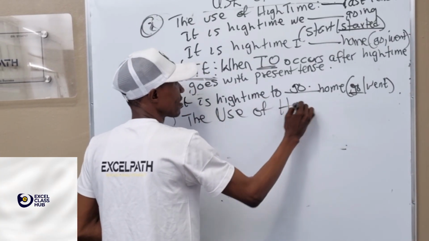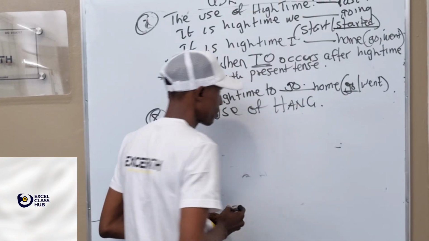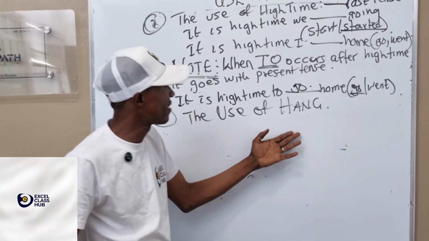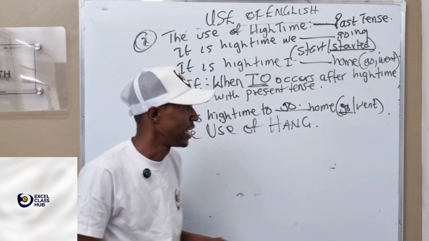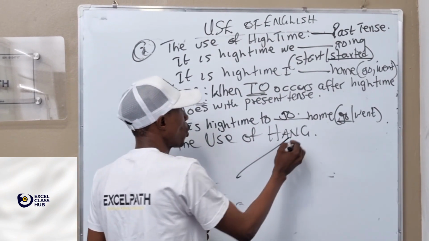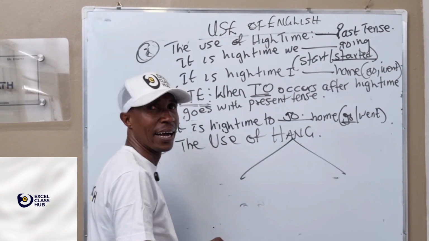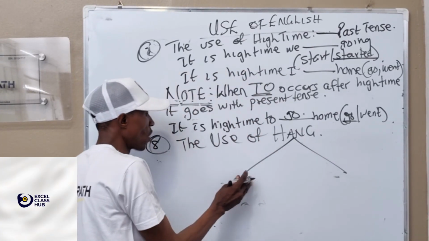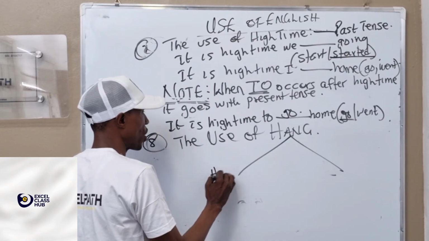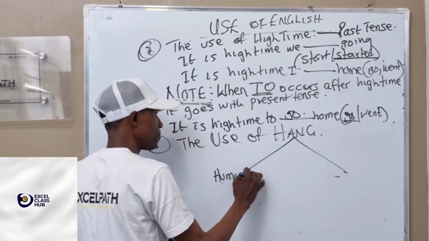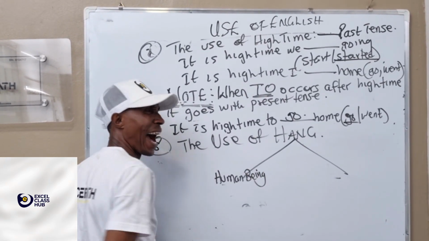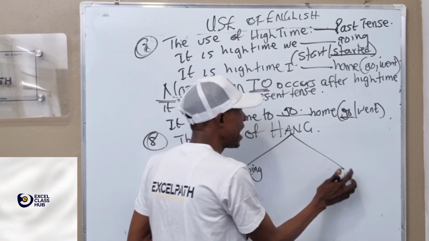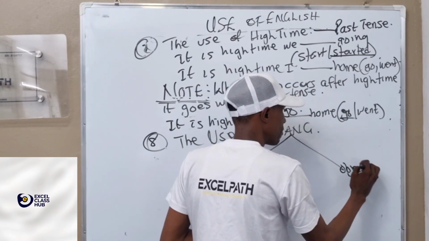We look at another principle, the use of hang. Now, take note. Whenever this hang is used, it is classified into two. We make use of hang when it's related to a human being, and we make use of hang when it is related to an object.